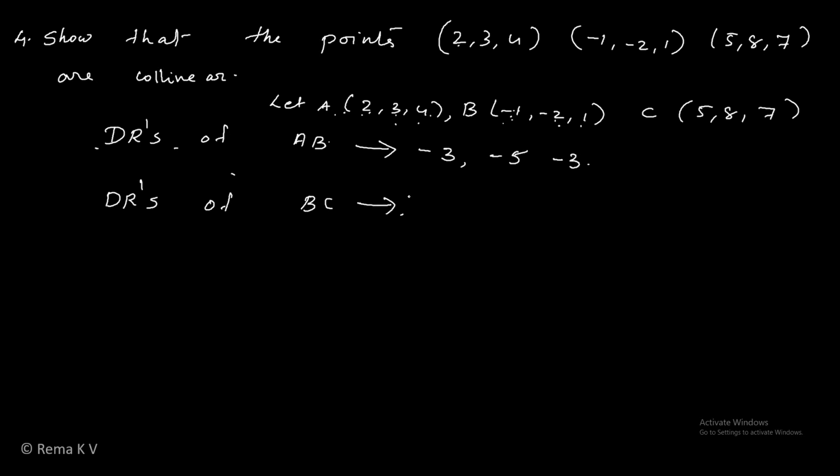And give your answer. It is 6, 10, 6. Okay, now see, when you find the direction ratios of AB and BC, you have to check whether these direction ratios are proportional.